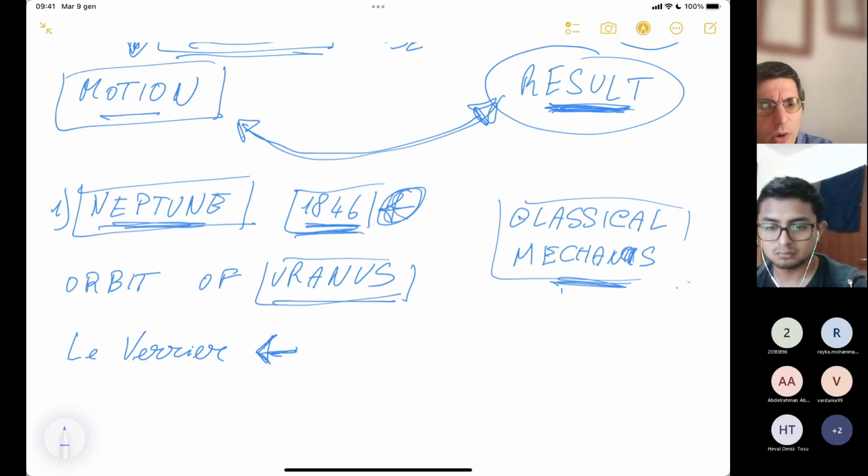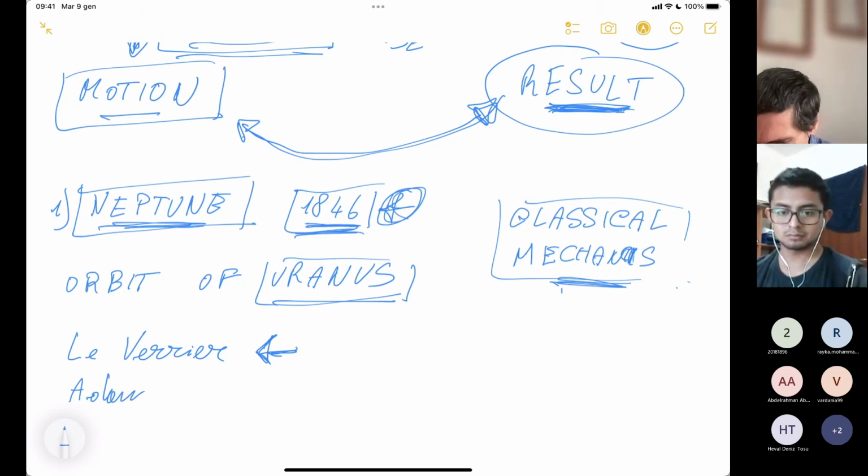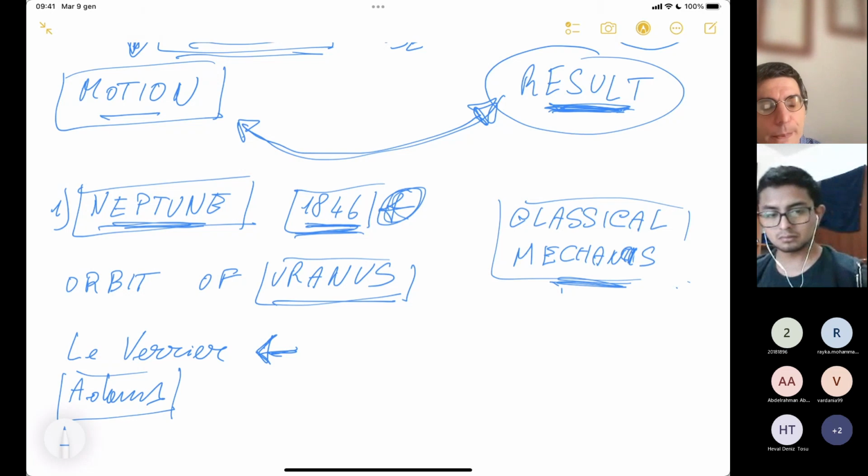To be honest, there was a dispute because some French said that the first guy to make this calculation was Leverrier, but as always happens in these cases, there was also, if I remember well, Adams, a British scientist, who more or less contemporaneously made the same calculation. At the end of the story, they decided that they both made this calculation in an independent way.